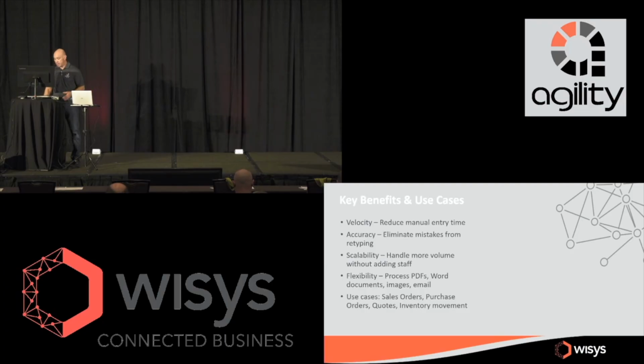The use cases are really only limited by what APIs you have available to you. If you have an API that you can act on that document, you can certainly think it up. Sales orders, purchase orders, quotes, inventory movement. These are certainly all of the standard things.